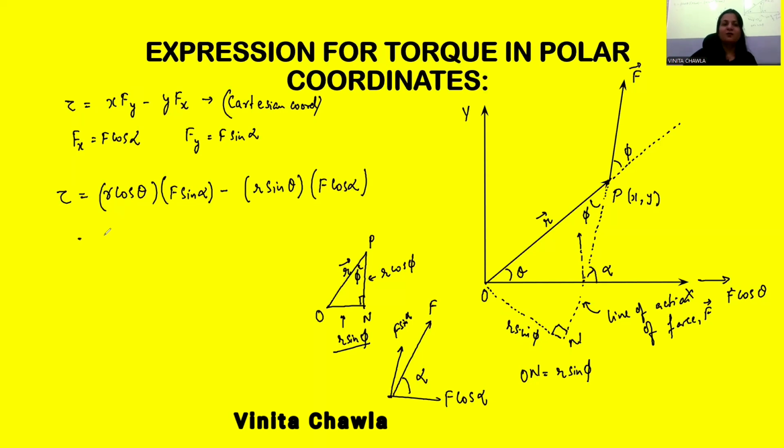Now we can take this RF outside, it belongs to both. In the bracket, we can write cos theta sin alpha minus sin theta cos alpha.